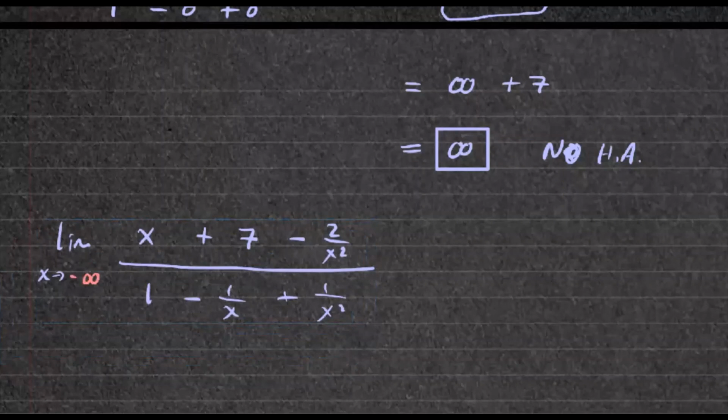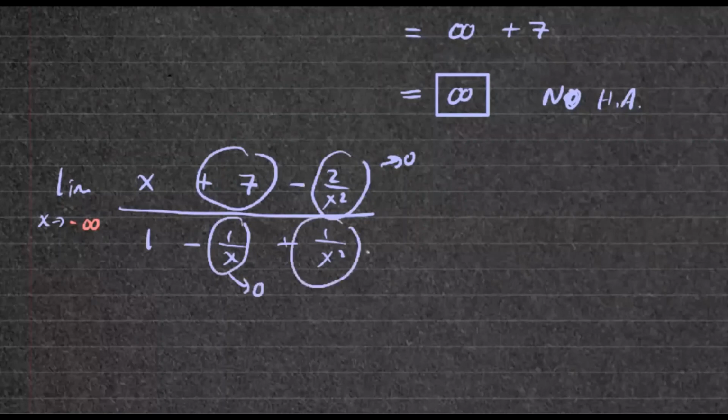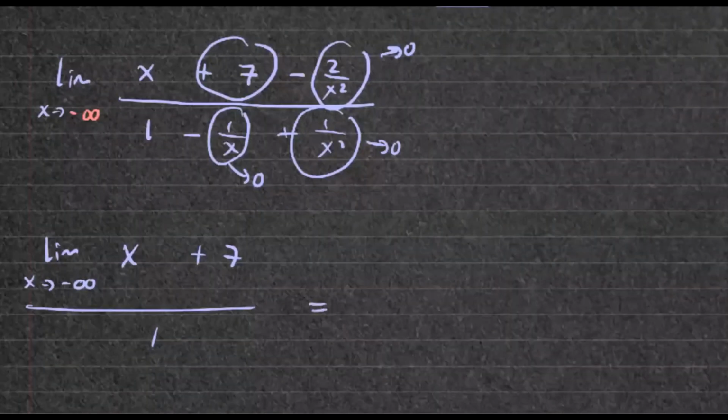As you plug in negative infinity, this is just a constant. This will go to 0. This will go to 0. And this will also go to 0. So what we're left with is simply the limit as x approaches negative infinity of x plus 7 all over 1. And you can ignore that if you want to.